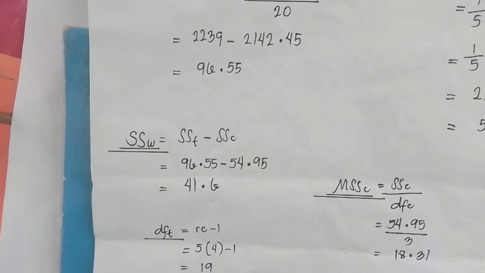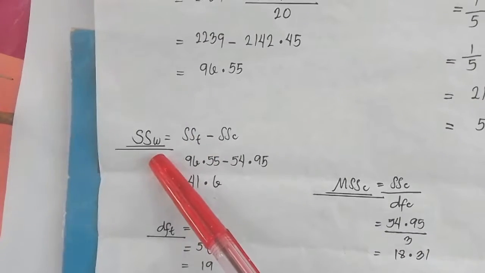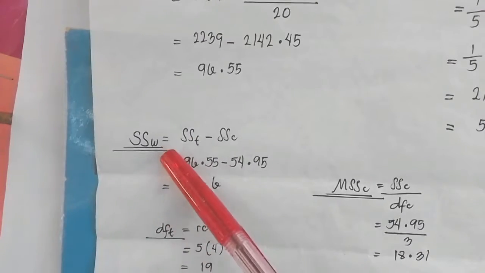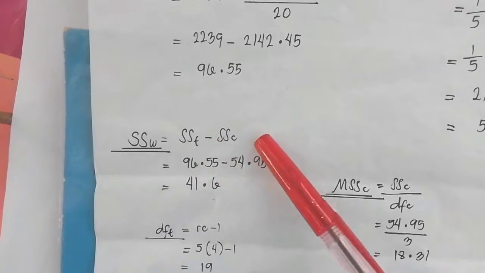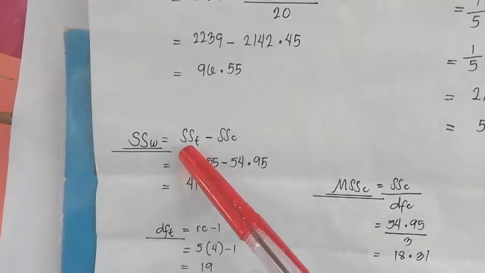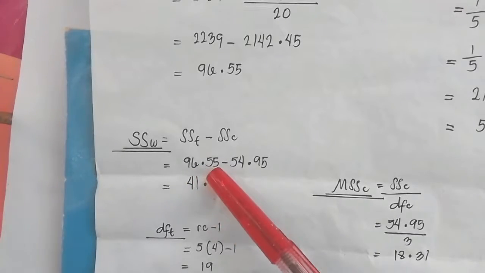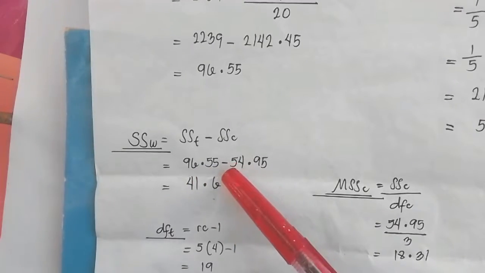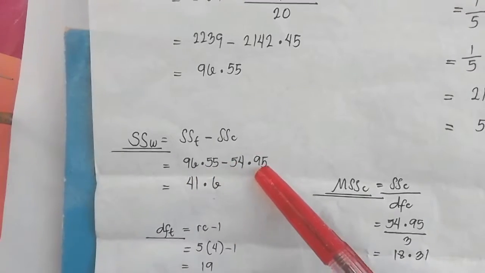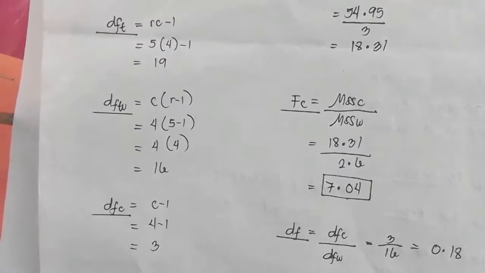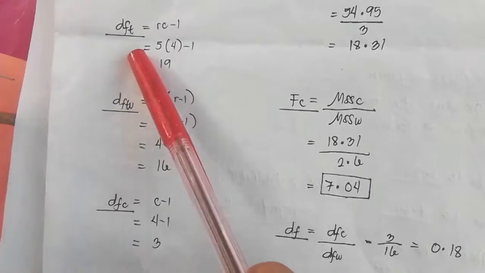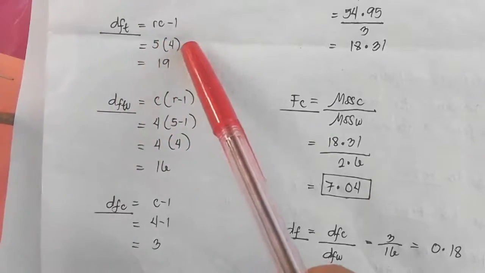Next, solve for the SS sub w. For solving for SS sub w equals SS sub t minus SS sub c. So our SS sub t is 96.55 minus the SS sub c 54.95, and the answer is 41.6. Next, solve for the degrees of freedom sub t equals RC minus 1.